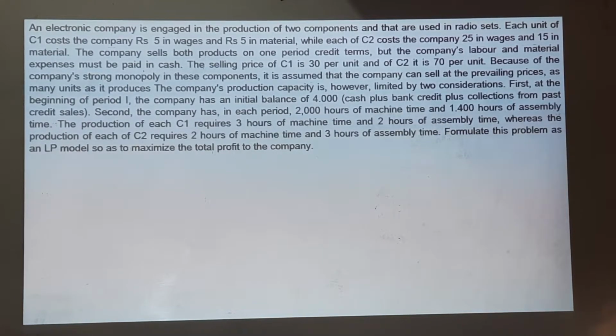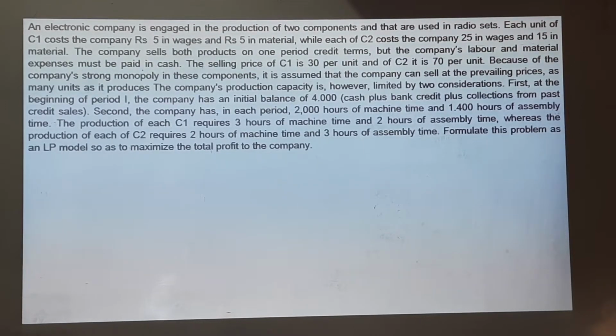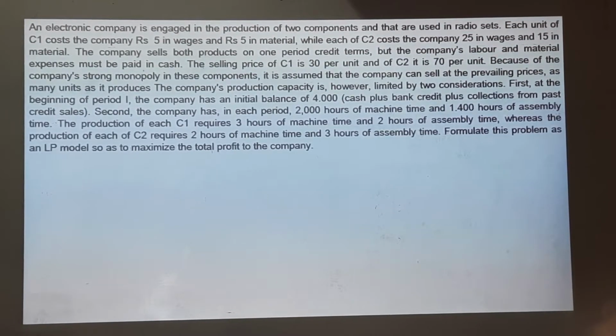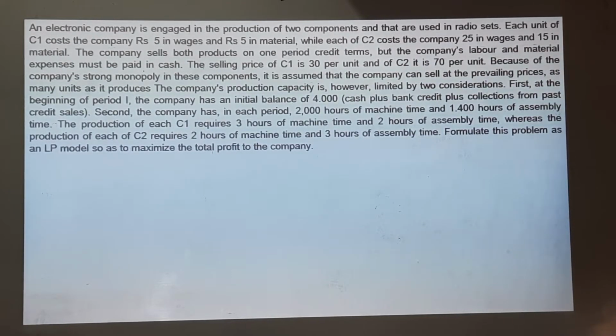The production of each C1 requires 3 hours of machine time and 2 hours of assembly time, whereas the production of each C2 requires 2 hours of machine time and 3 hours of assembly time. Formulate this problem as an LP model so as to maximize the total profit to the company.